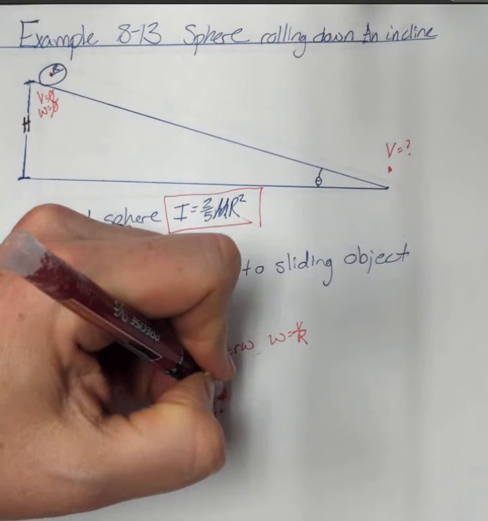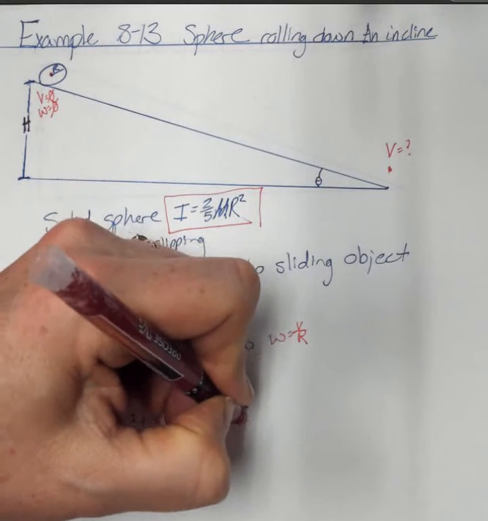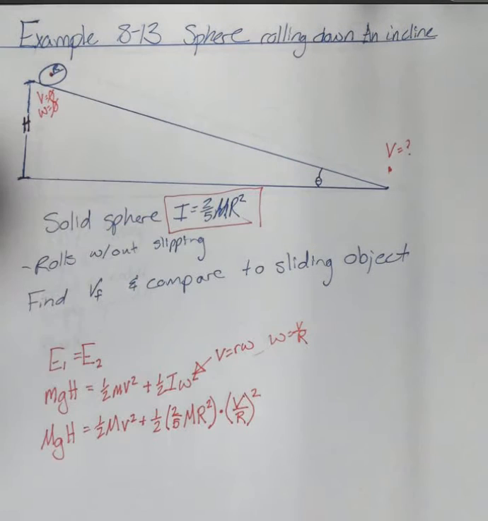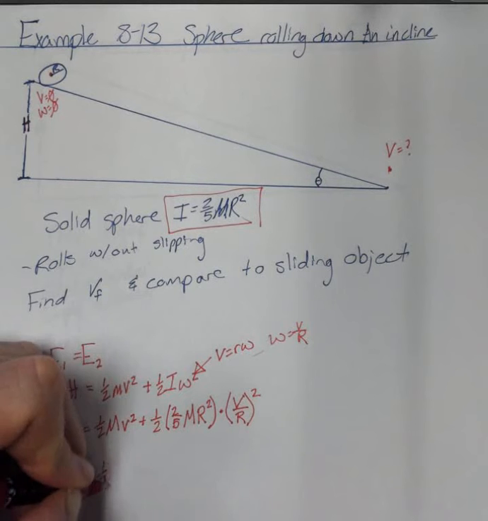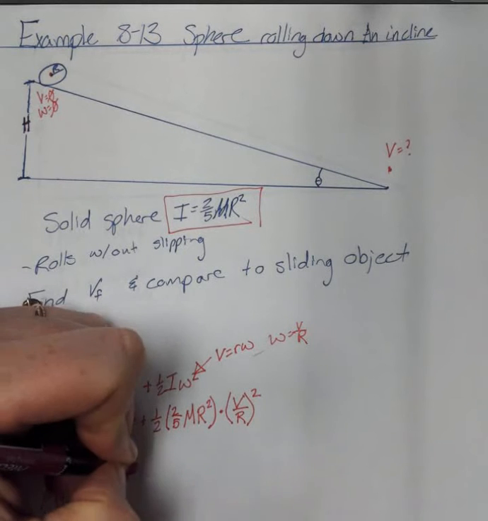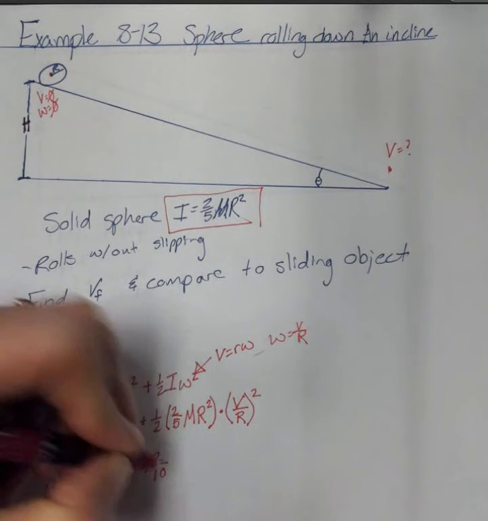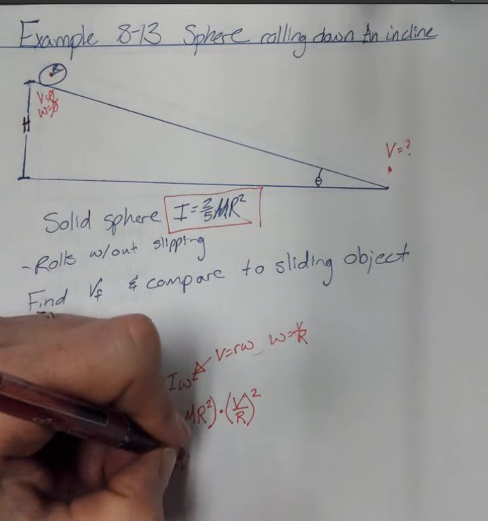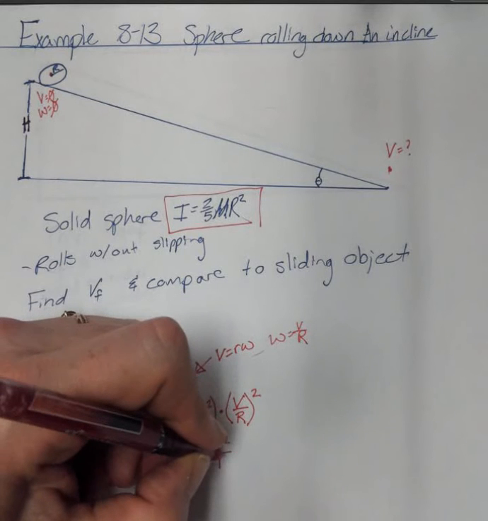So v over r, and that's a squared value. I'm going to go ahead and clean this up a little bit. mgh equals 1/2 mv squared plus 2/10 mr squared times v squared over r squared.